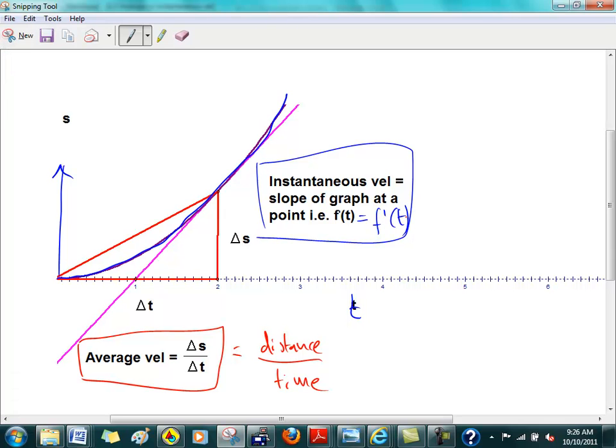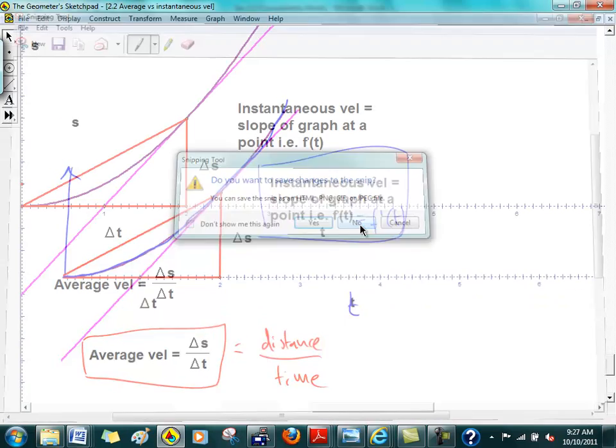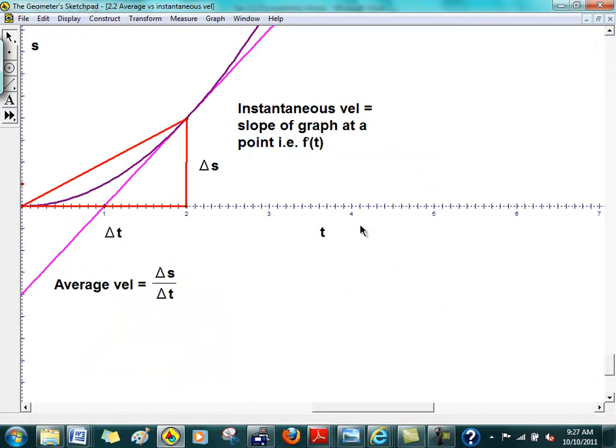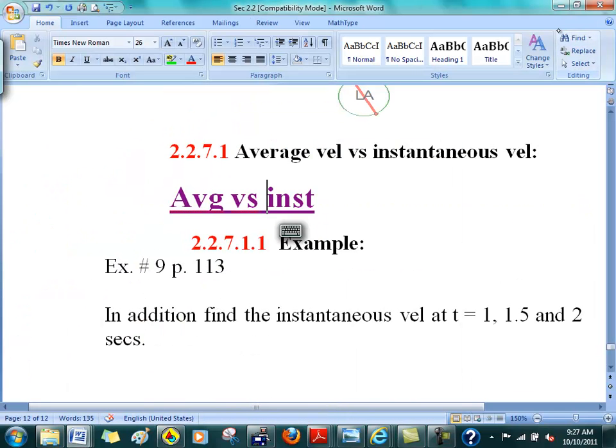You guys got this down? So we all right there? Okay, so I want to do example number 9 on page 113.